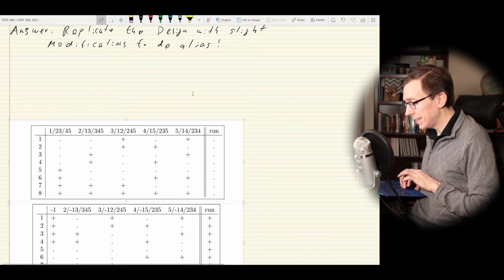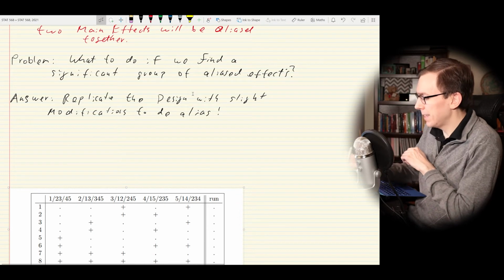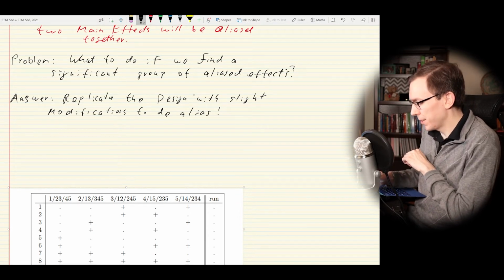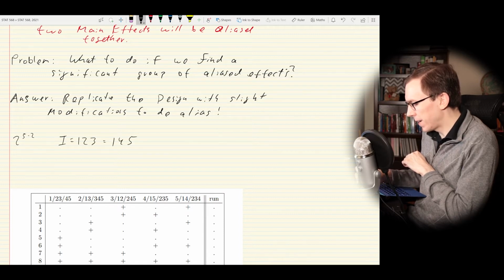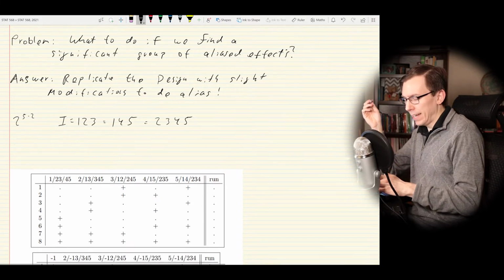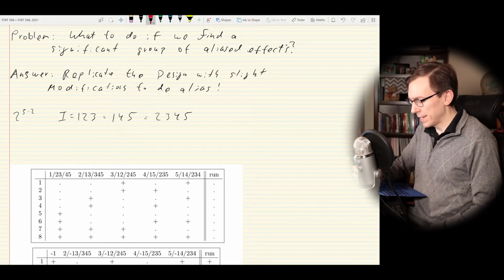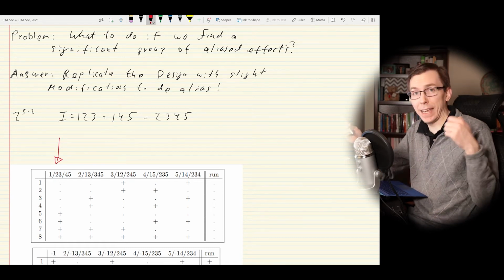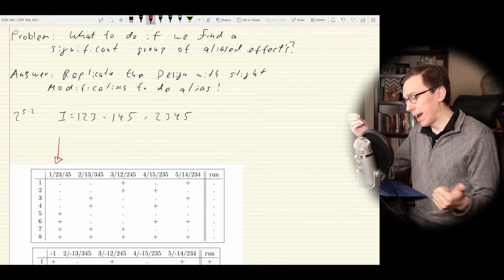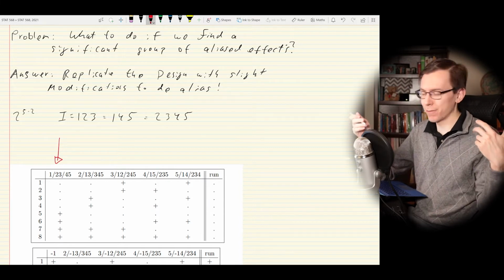So the example that we're doing is returning to the 2 to the 5 minus 2 design with I equal to 1, 2, 3 equal to 1, 4, 5 equal to 2, 3, 4, 5. What we would find is that, let's say we found some significance in the first column, corresponding to main effect 1, two-way interaction 2, 3, and two-way interaction 4, 5.